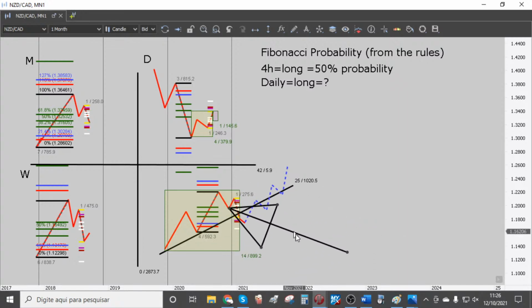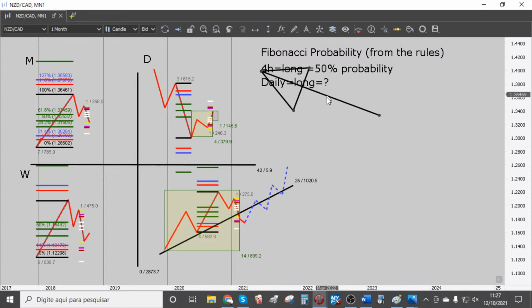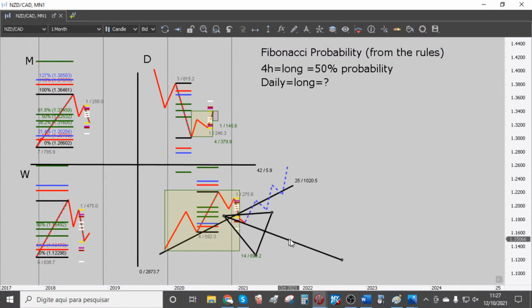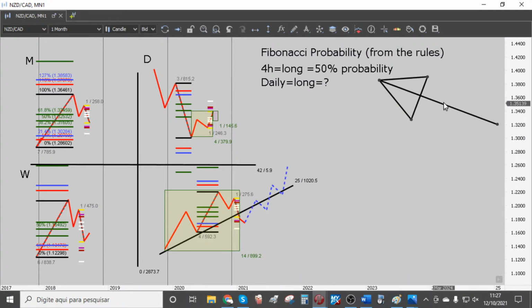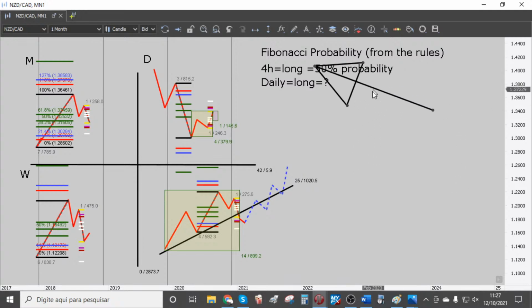We concluded that we don't have a confirmed C. Therefore, from the 4-hour standpoint, this Fibonacci trade has a 50% probability. Okay? Would you enter a 50% probability trade? No. Okay, great. Me neither.